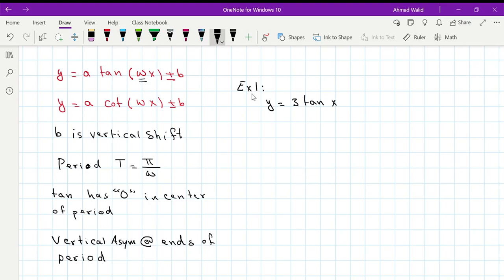If you have a vertical shift, you look after it first, but here I don't have a vertical shift. I'm looking at my period. Period is pi over the coefficient of x, which is 1 here. That means my period is pi. Correct?